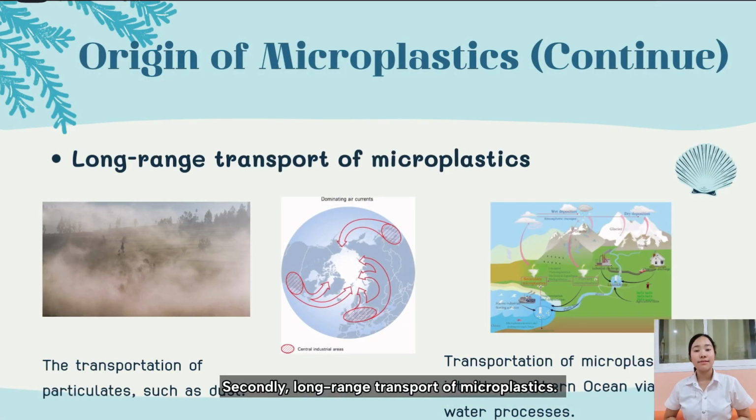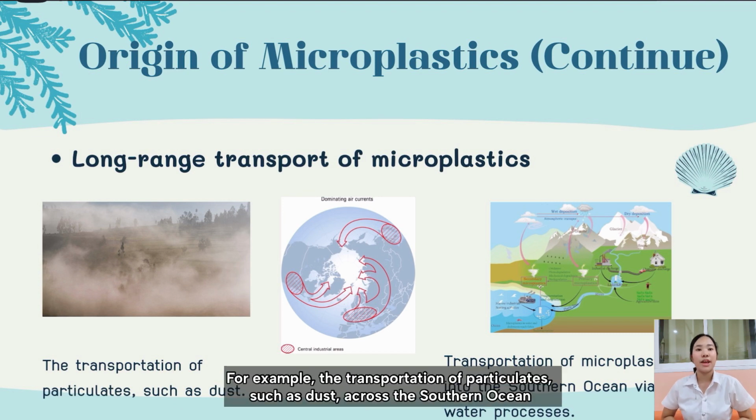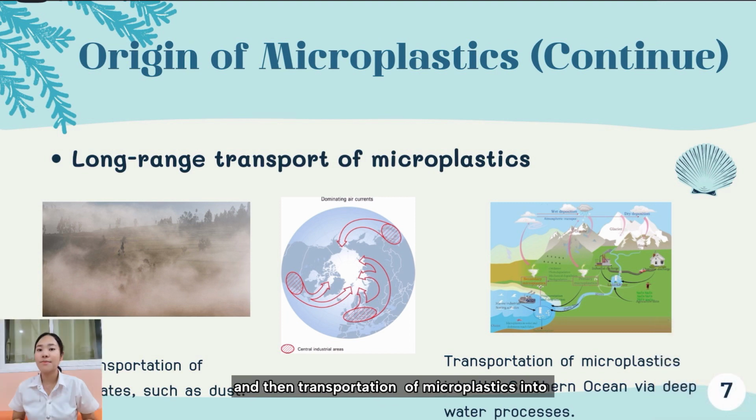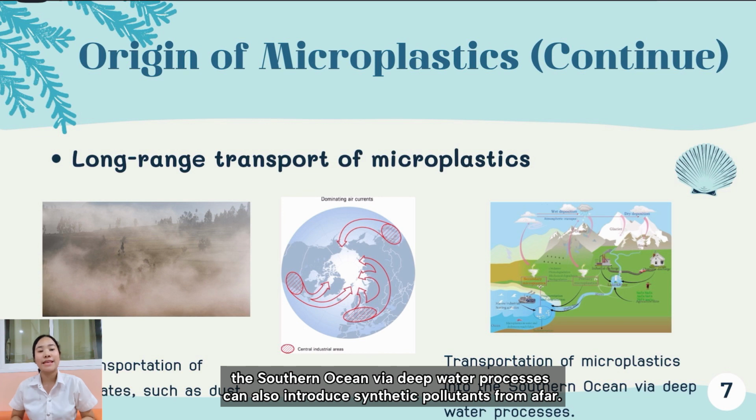Secondly, long-distance transport of microplastics. For example, the transportation of particulates such as dust across the Southern Ocean and into Antarctica from other continents, and then transportation of microplastics into the Southern Ocean with deep water processes can also introduce synthetic pollutants from afar.